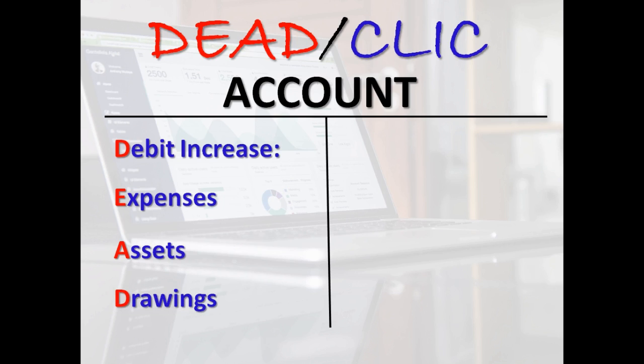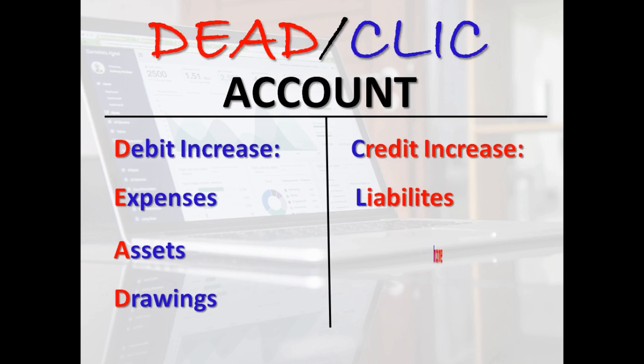In other words, if an expense is increasing, we debit. If an asset account is increasing, we debit. If a drawings account is increasing, we debit. And the mnemonic on the left-hand side is DEAD. And then on the credit side, we credit an increase in liabilities, an increase in income, and an increase in capital. Okay? And the mnemonic on the right-hand side is CLIC.